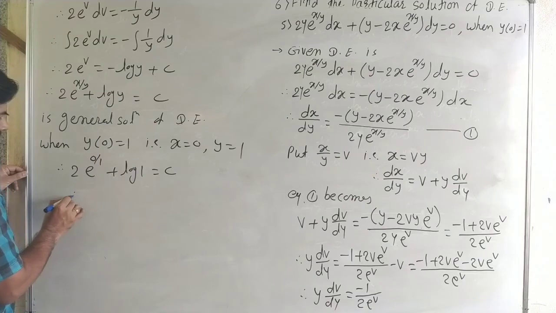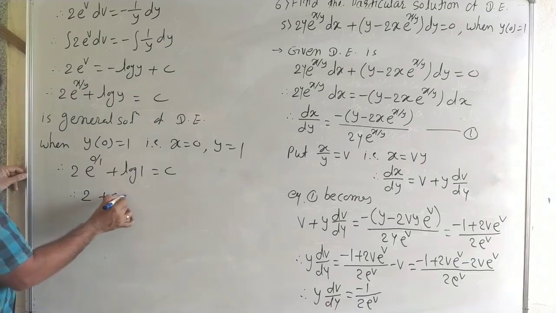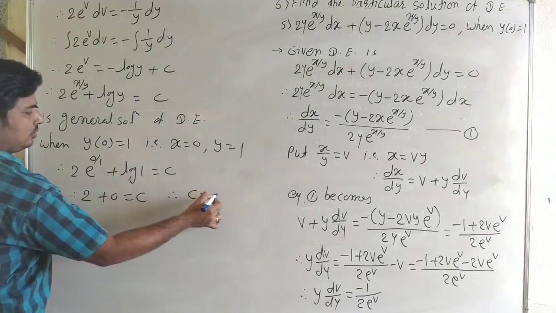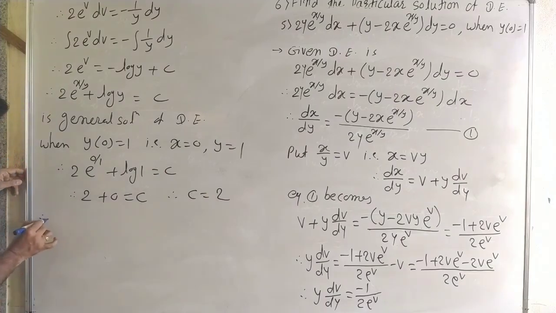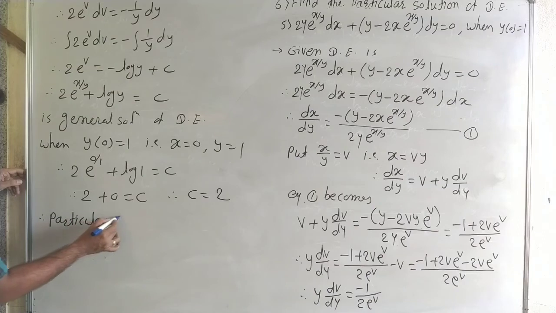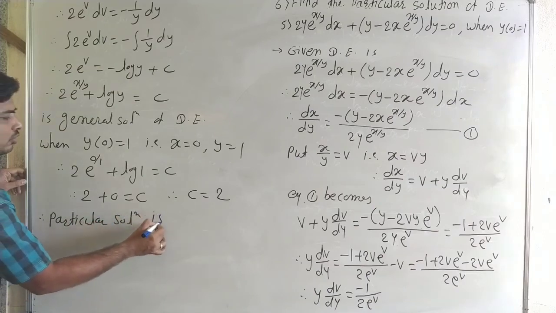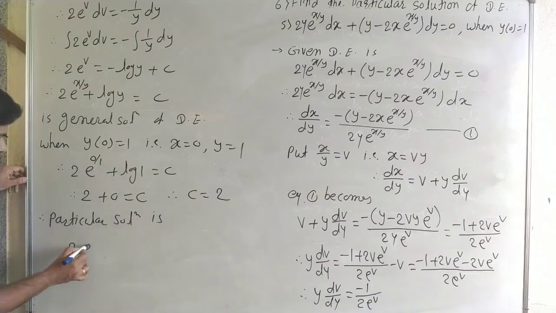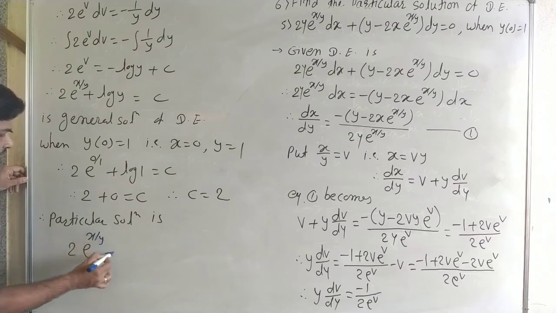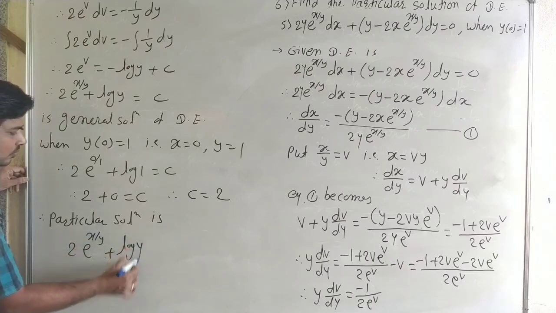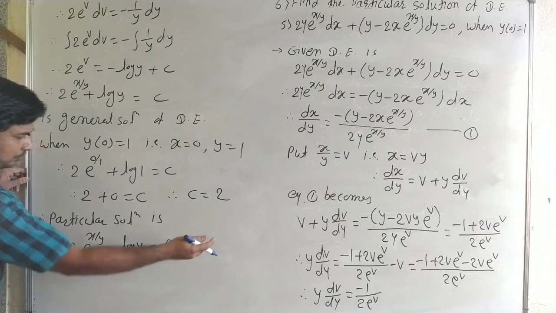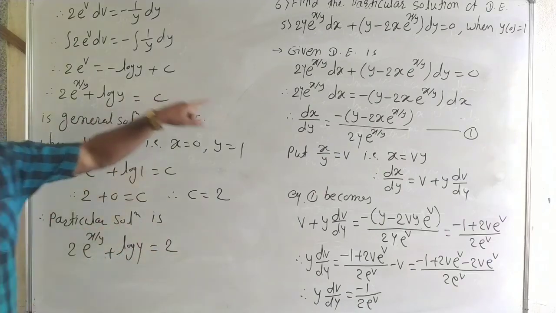Okay, and therefore 2 plus 0 is equal to c, and c is equal to 2. Okay, and then the particular solution is 2 into e to the power x by y plus log y is equal to 2. It is the particular solution of this differential equation.